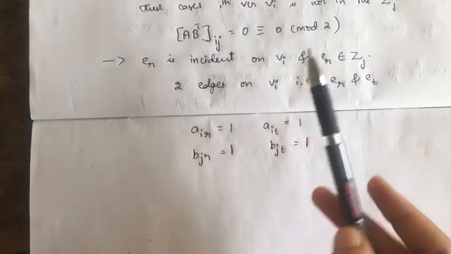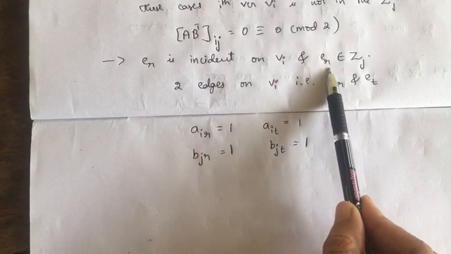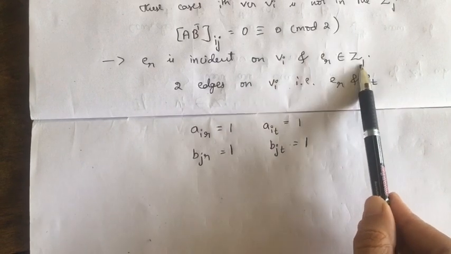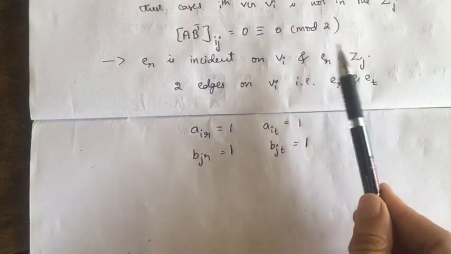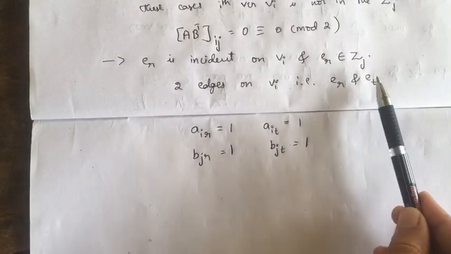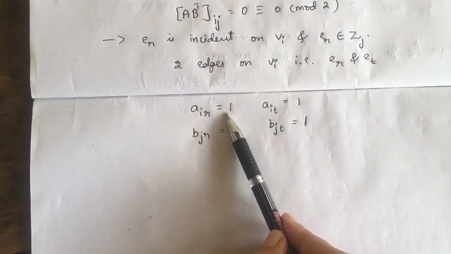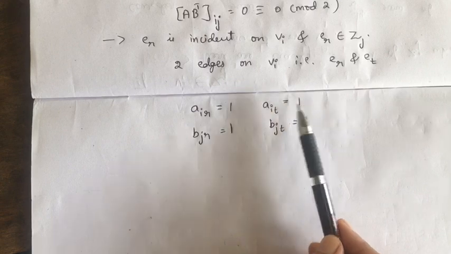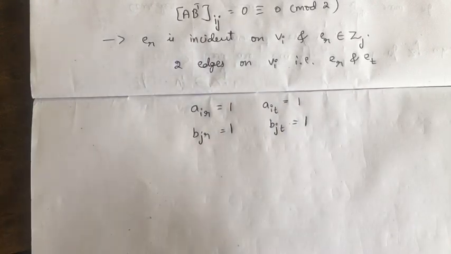Got the point? That edge is incident on Vi and that edge is in Zj. With respect to these two edges, entries AIR equal to 1, AIT equal to 1, similarly BJR and BJT equal to 1.